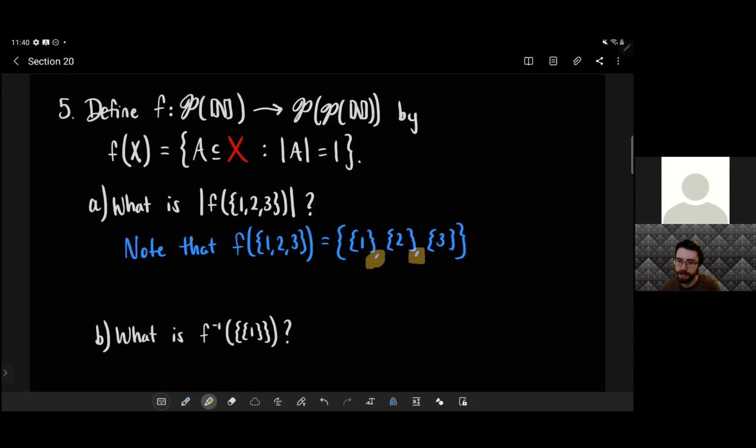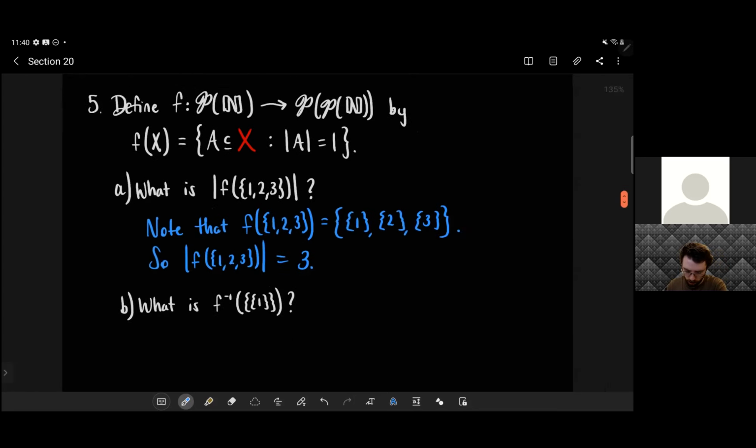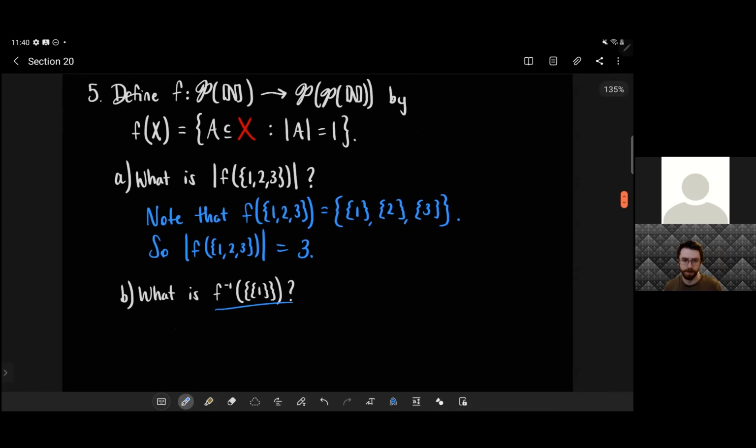There are 3 sets separated by commas. I don't think I have to correct anything in how I wrote it. The cardinality of that is 3. A little weirder: what about the pre-image of the set containing 1? That wasn't me stuttering, it's actually a nested set.